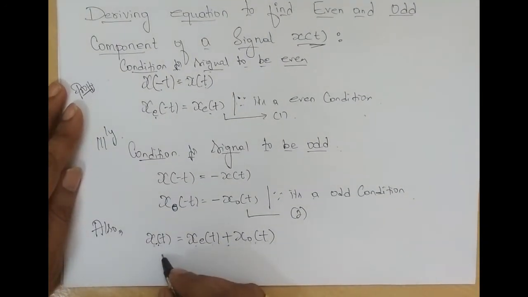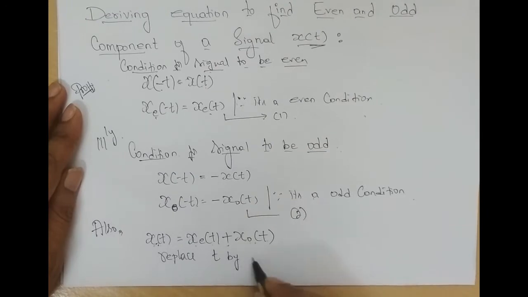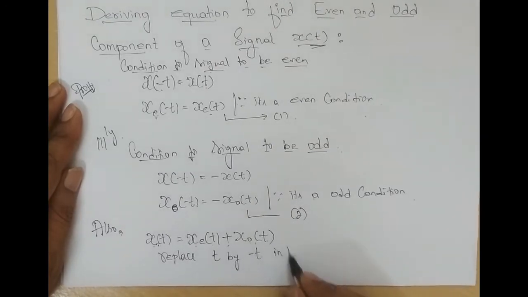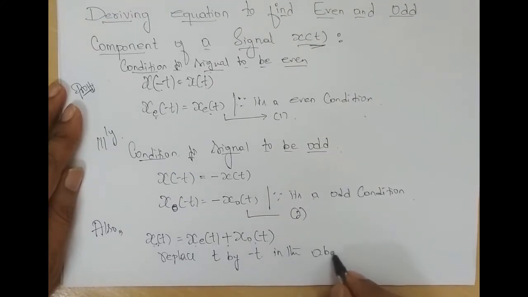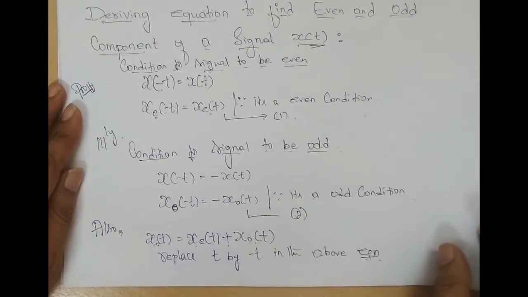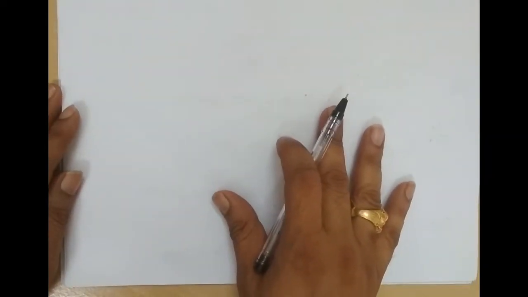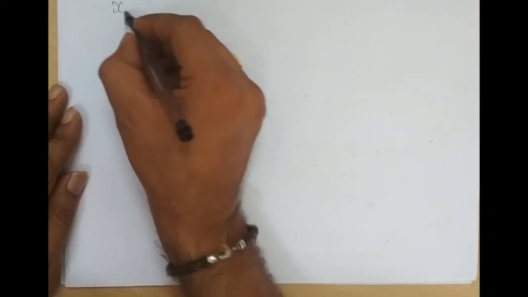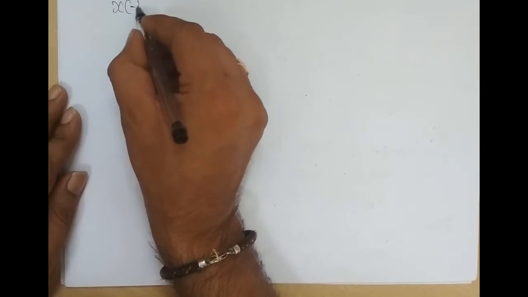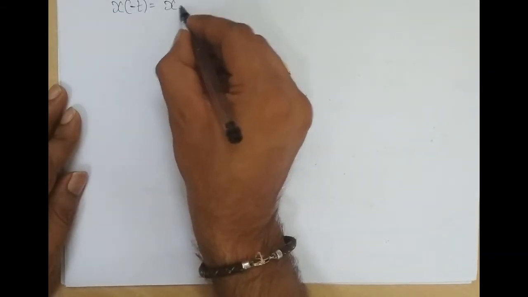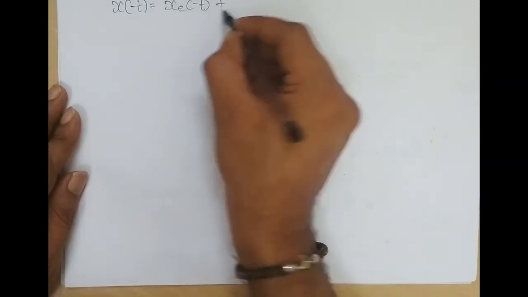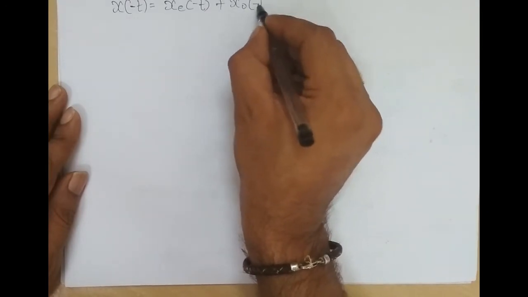Now what I'll do, I'll replace t by minus t in the above equation. So wherever t is there, I'm going to replace it by minus t. So what do I get? I get x of minus t is equal to xe of minus t plus xo of minus t, right?